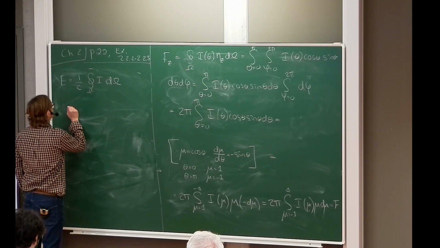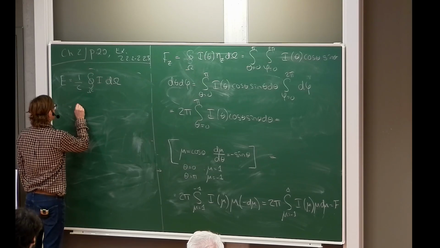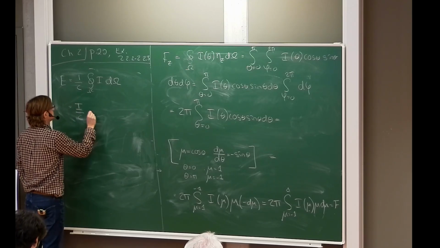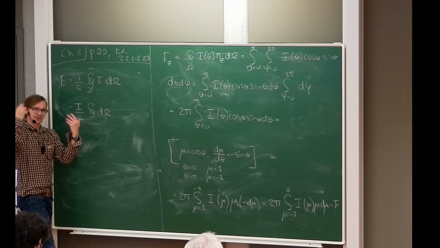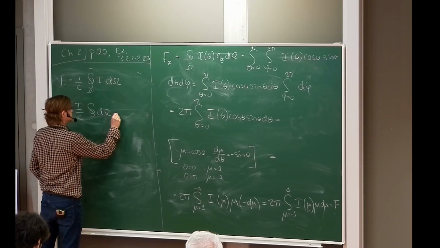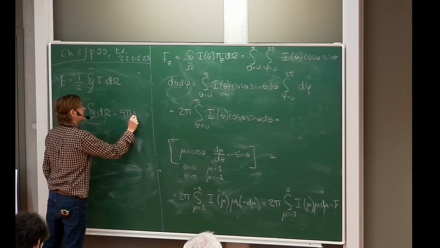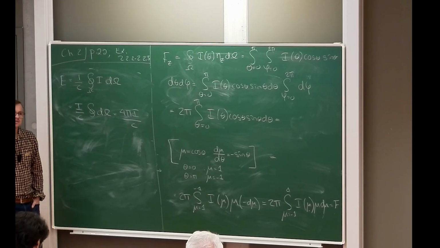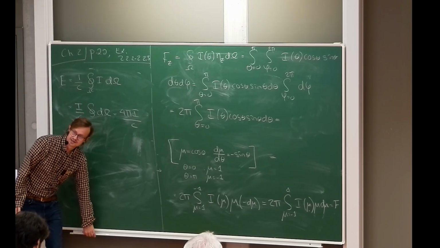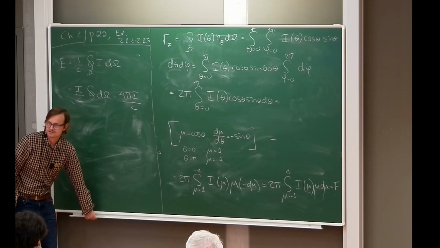So we can directly set this out such that it's I divided by c times the integral of d omega. And this one we did. That was the integral over the full sky. So this is just 4 pi I divided by c. So it's not 0 like the flux for an isotropic radiation field.